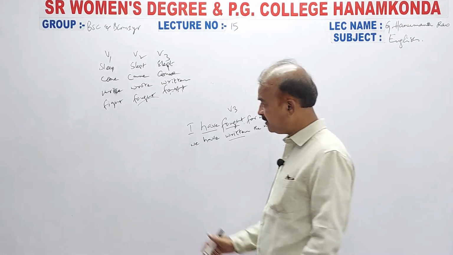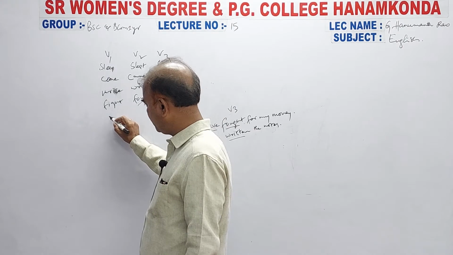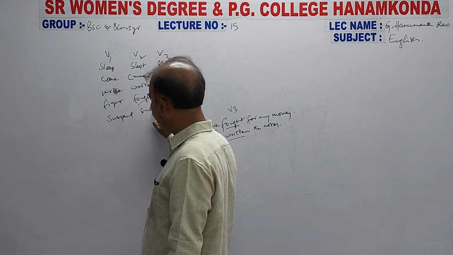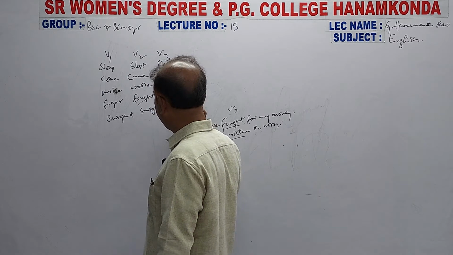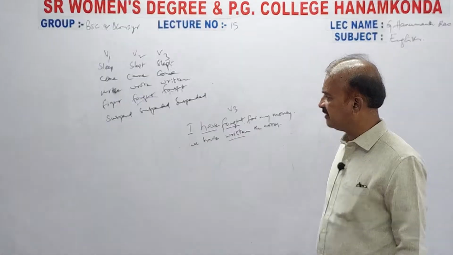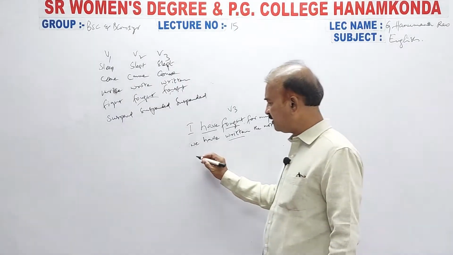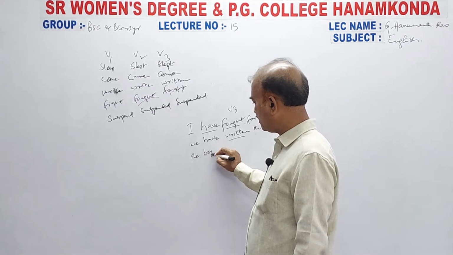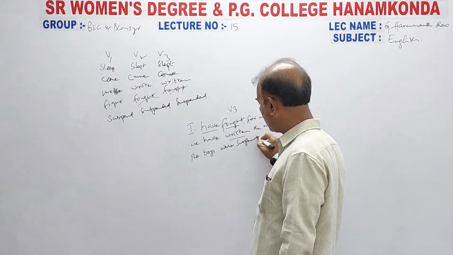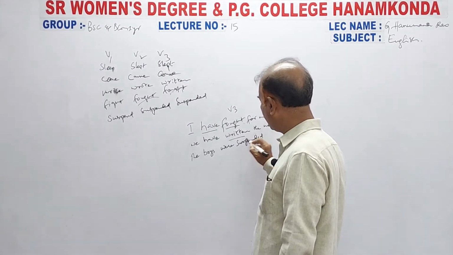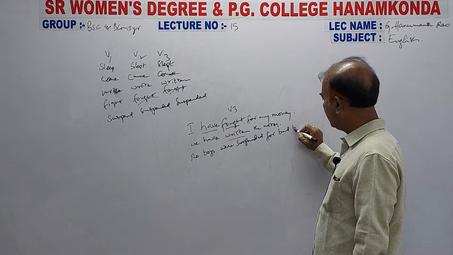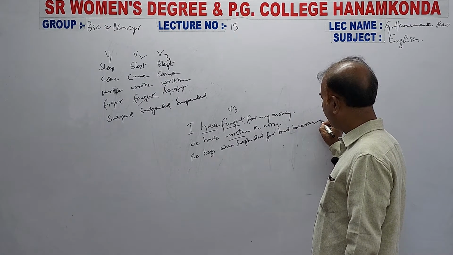Okay. For example, suspend, suspended, suspended. For example, the boys were suspended for bad behavior.